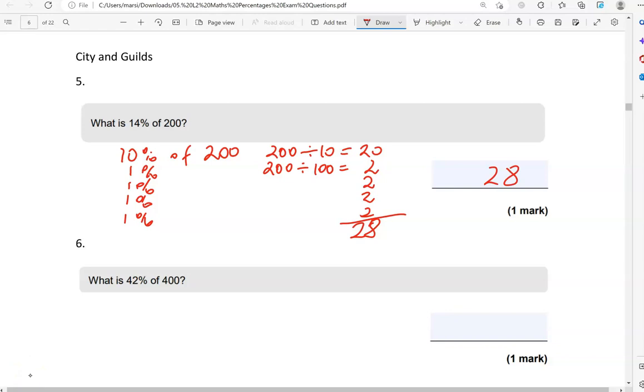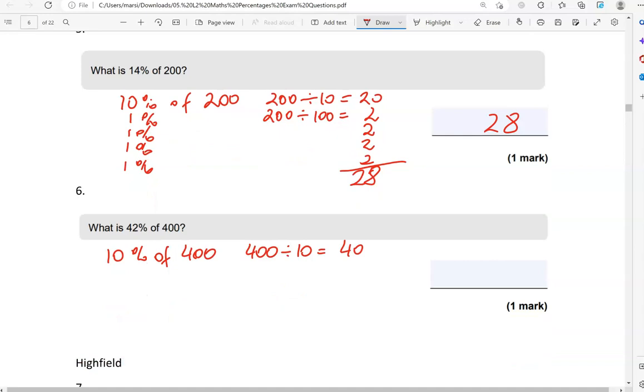What is 42% of 400? Okay, so 10% of 400, that is 400 divided by 10, which is 40, knocking off a 0.